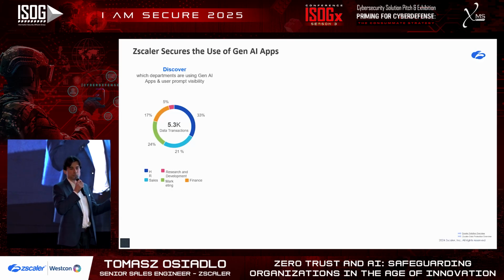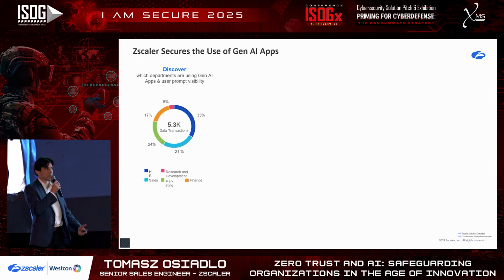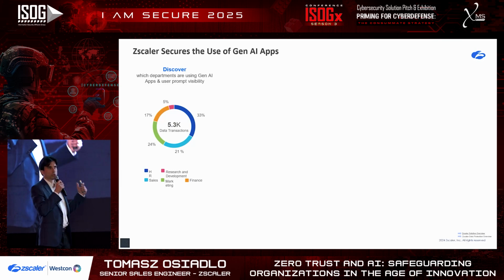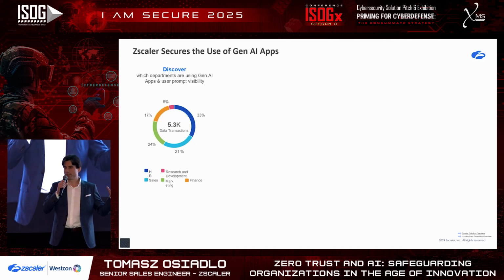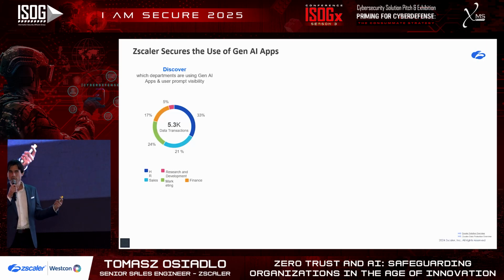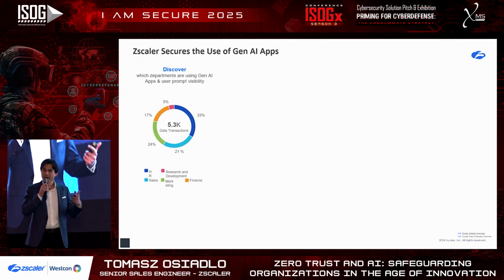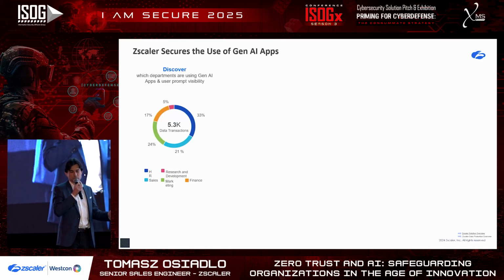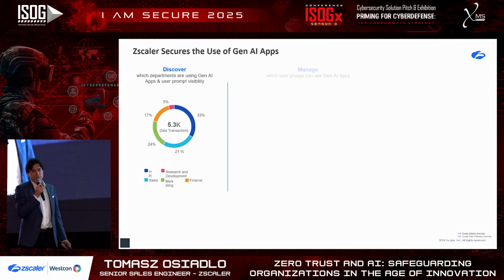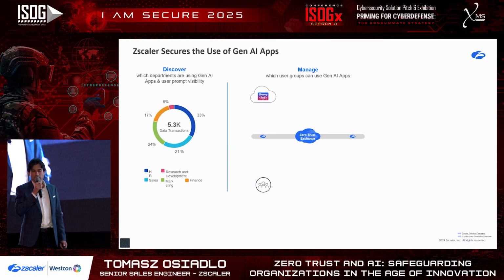We can see who is using, how many users are accessing these apps, from which departments they are coming from. And we also can log every single prompt that users are uploading to these apps and auto-classify them to help you understand the usage patterns, how people are using these apps, that could also contribute to provide additional value to the end business.